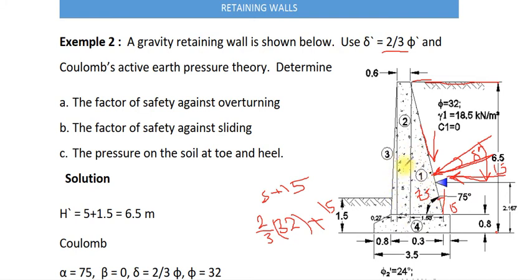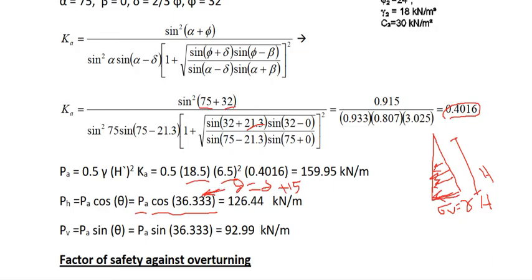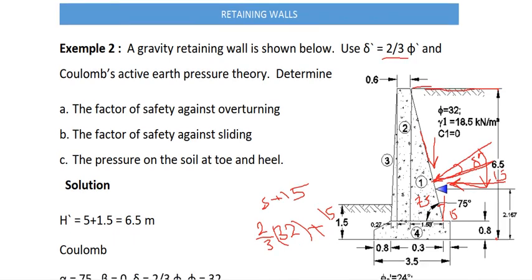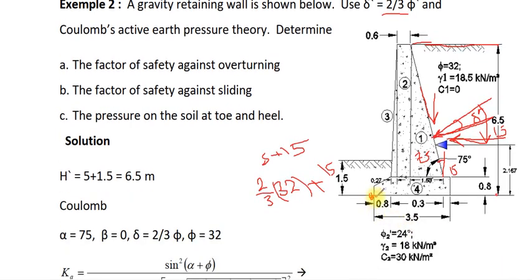All the sections are concrete. Section 1, compute the area, multiply it by the gamma of concrete, and the arm from this point of our turning, the arm from the middle of this part to this point, the horizontal arm, and from 1/3 here, and also from 1/3 here to this point.